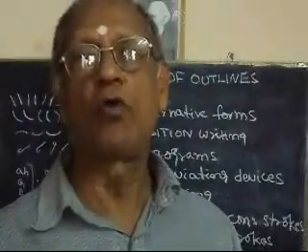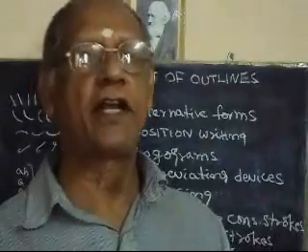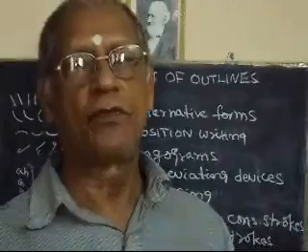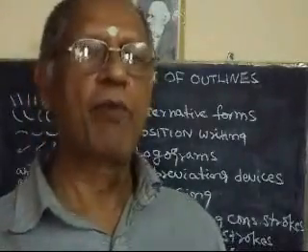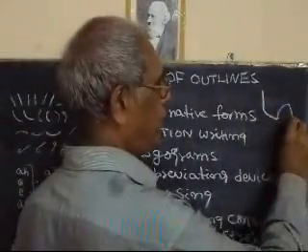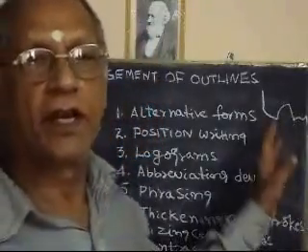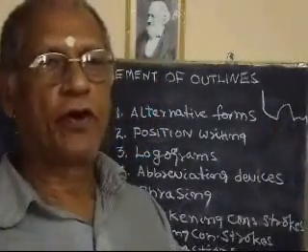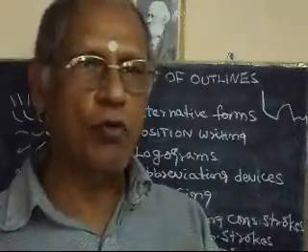Framing of outlines using consonantal forms and inserting vowel signs for words takes much time. As I earlier pointed out, the examples like this will be very big. Therefore, we want to reduce the size of the outline.